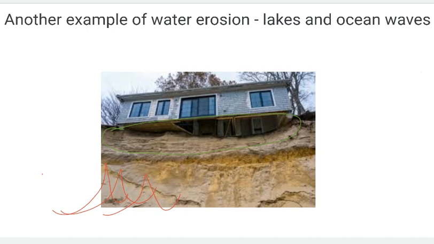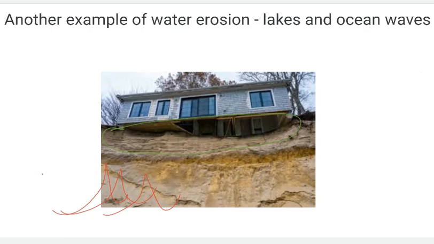And these homes can eventually and will eventually fall into the lake or the ocean or whatever body of water is near them. And so this can be another dangerous example of gradual water erosion over time.